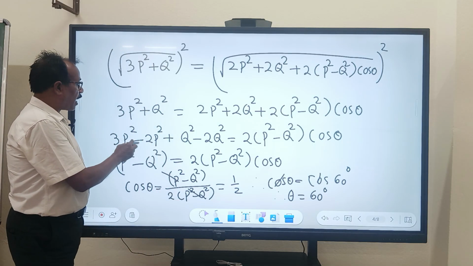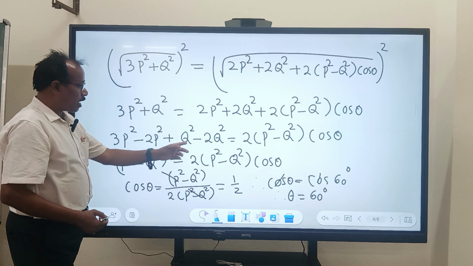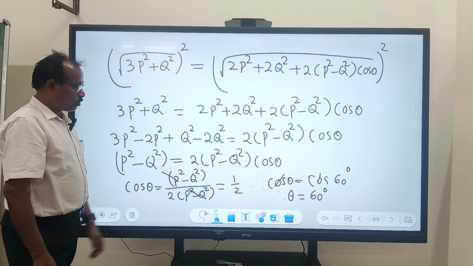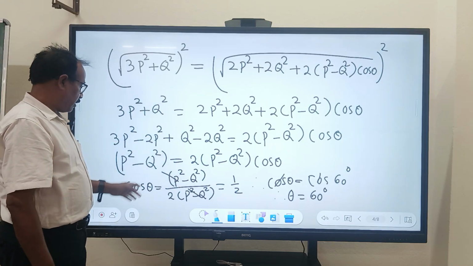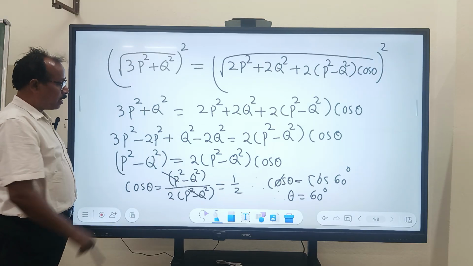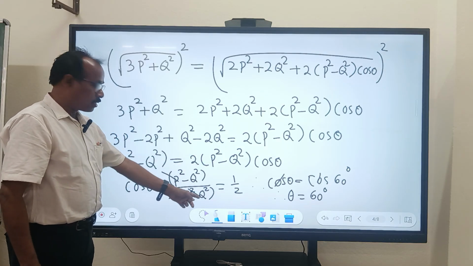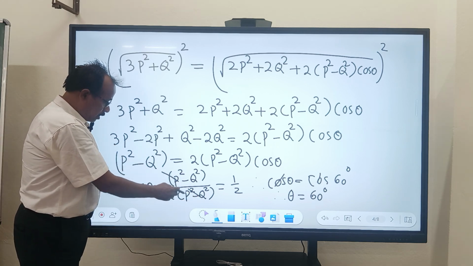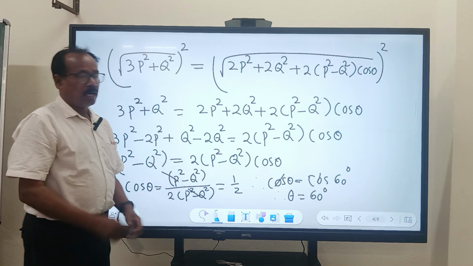Then 3P square minus 2P square is equal to P square, and Q square minus 2Q square is equal to minus Q square, so it is 2 into P square minus Q square cos theta. Then cos theta is equal to P square minus Q square divided by 2 into P square minus Q square. Therefore, P square minus Q square divided by P square minus Q square cancel. Therefore, 1 by 2.